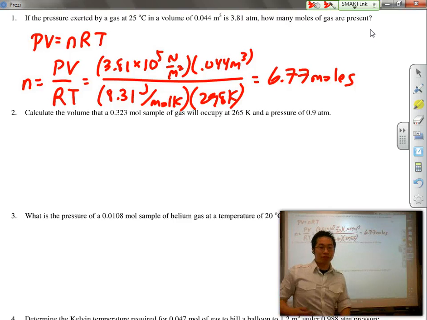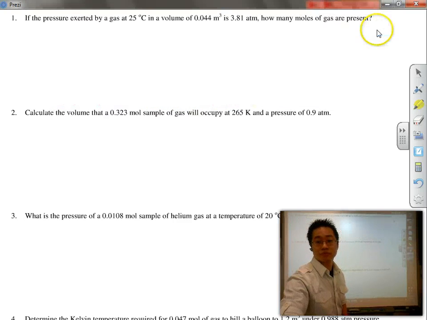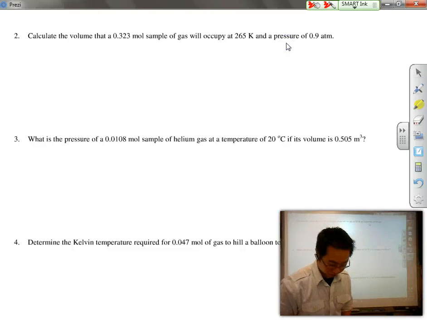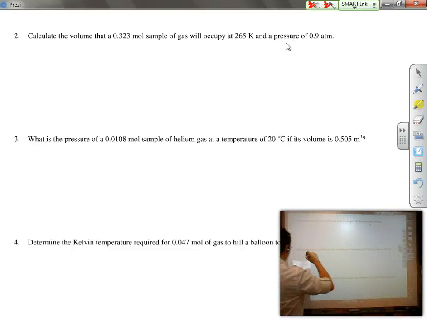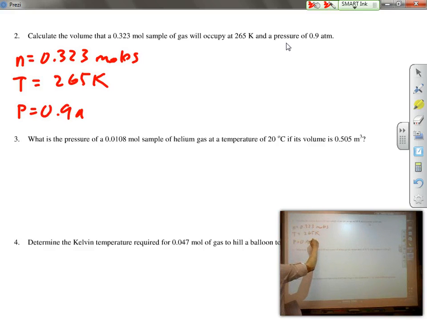We'll do one more practice question. We'll take a look at number 2. With number 2, they ask us to calculate the volume. So in this case over here, they already tell us the number of moles is 0.323 moles. They give us the temperature in its proper form, 265 Kelvin, but they say that the pressure is 0.9 atm.